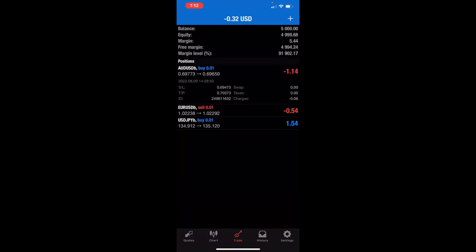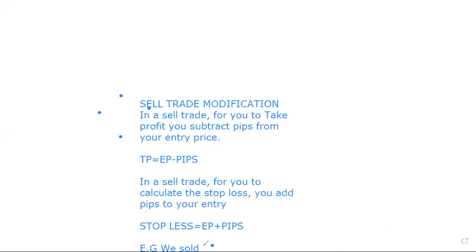Okay, hold on. You just be looking at this screen. I want to do a math calculation on my screen. So we sold Euro USD at, what's the entry price again? 1.02238.